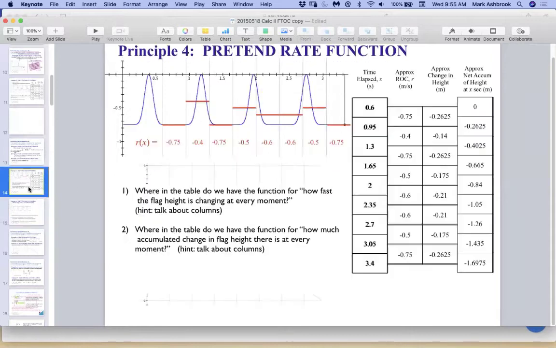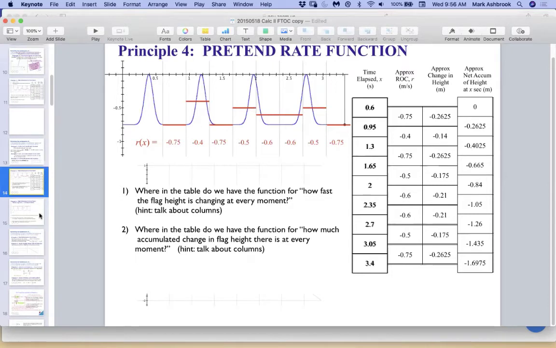Back here, what did we do? We eyeballed. We estimated kind of the average rate, or the best one rate that could model what's happening with the changing rate in each interval, right? So we're eyeballing that kind of an average rate of change in each interval. That was the first method to build this approximate rate function.